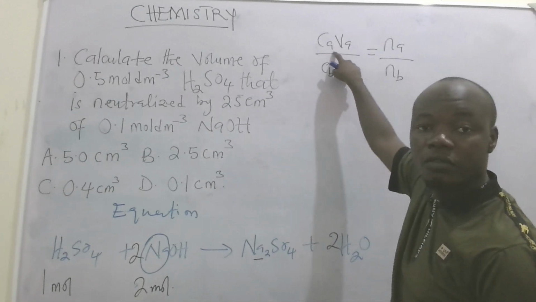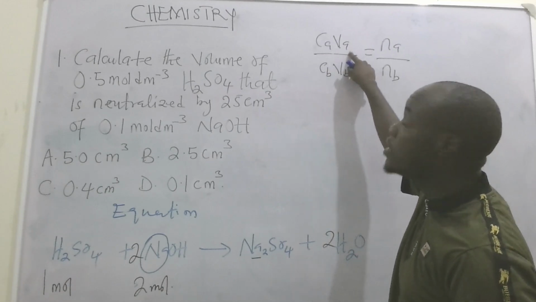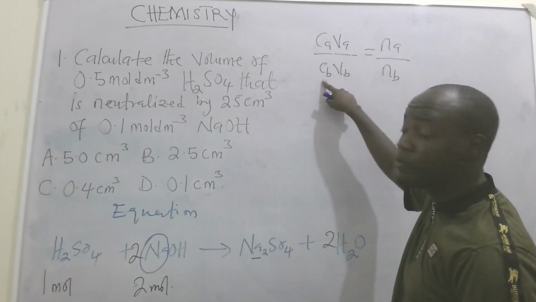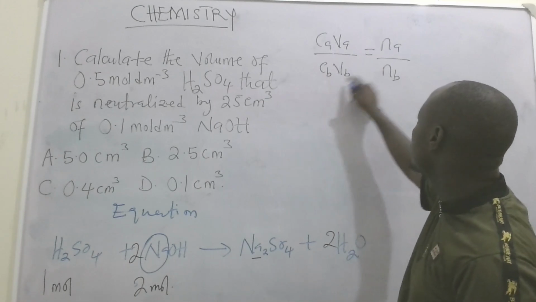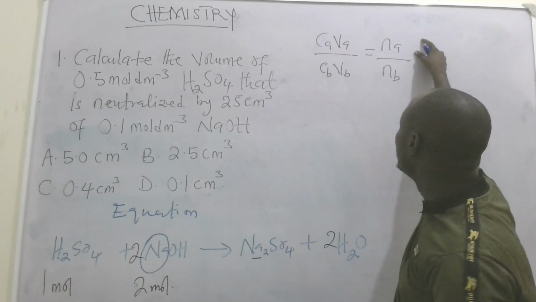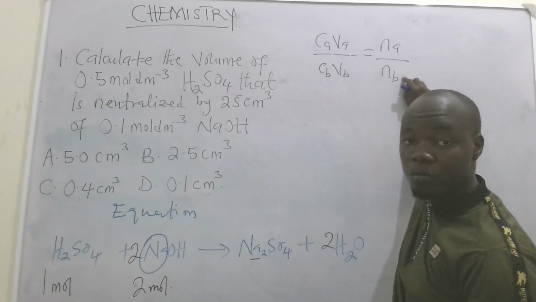Ca stands for the concentration of the acid, Va the volume of the acid, Cb the concentration of the base, and Vb the volume of the base. Na stands for the number of moles of the acid, and Nb the number of moles of the base.